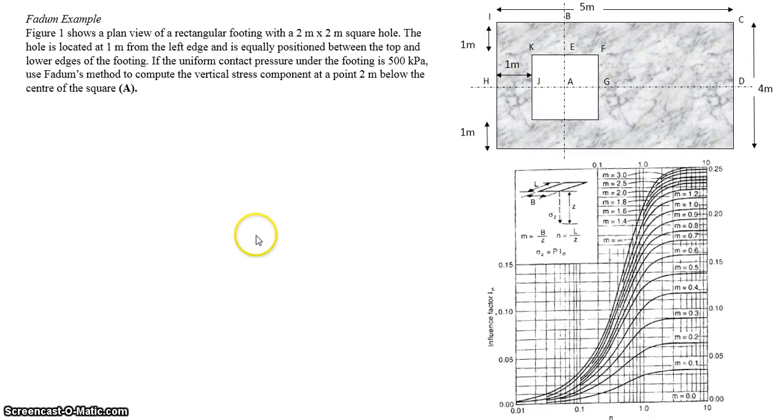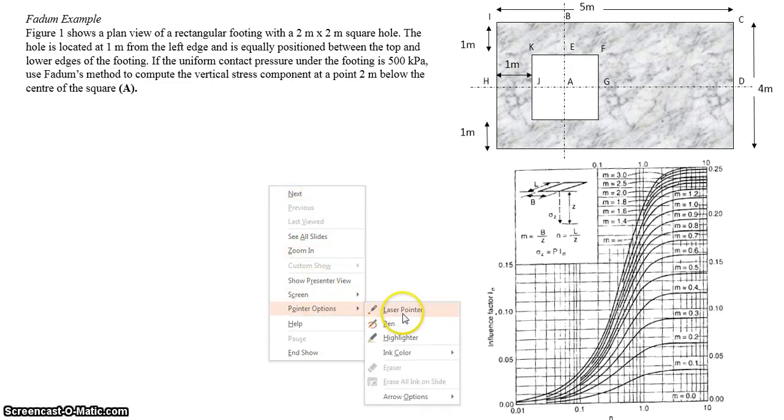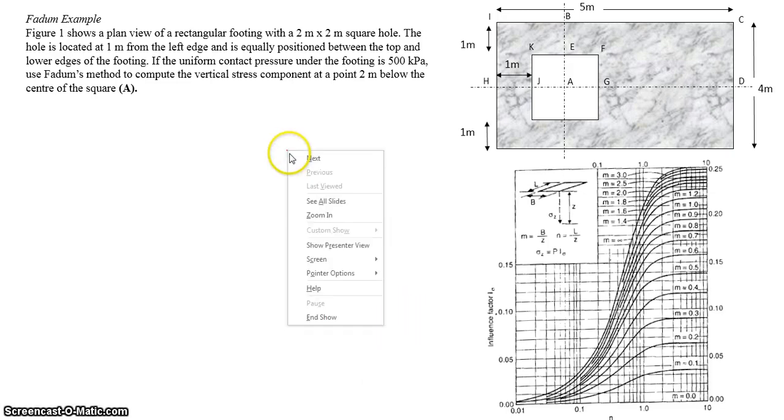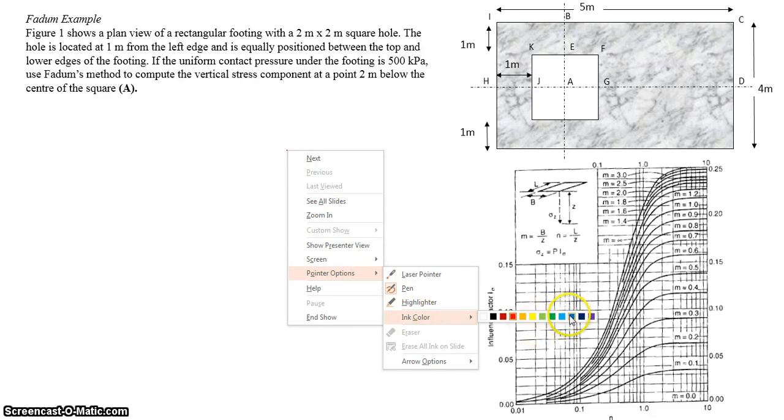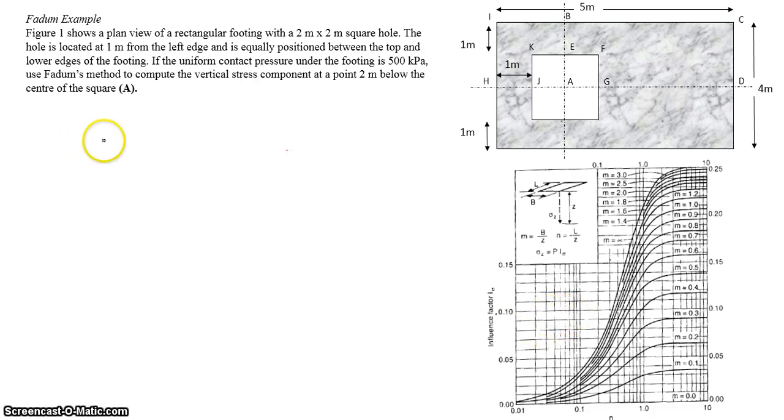Okay, so let's start our solution. As I mentioned before, we can take the rectangle as 2 different parts because it is symmetrical.